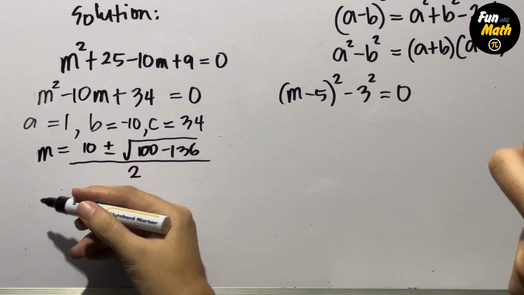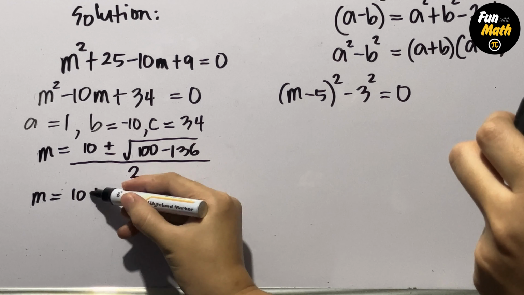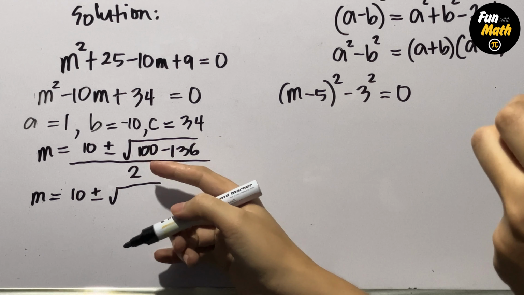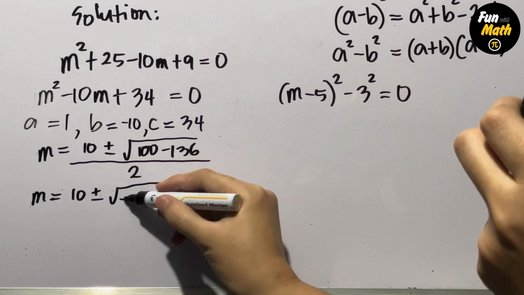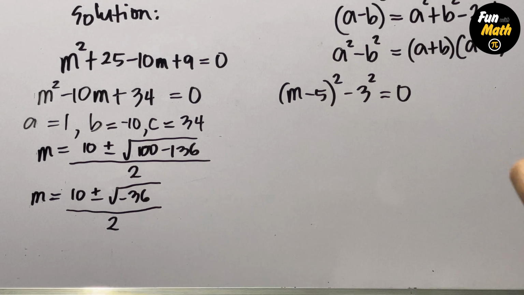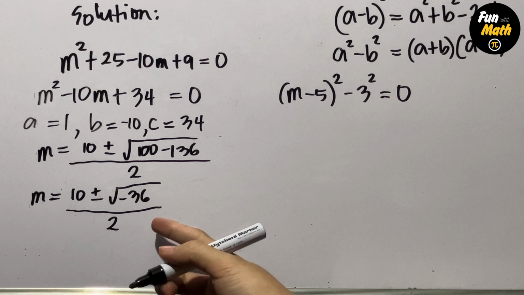Now next, m is equal to 10 plus or minus the square root of 100 - 136, that is negative 36, all over 2. And then for the square root of negative 36, we can split this.